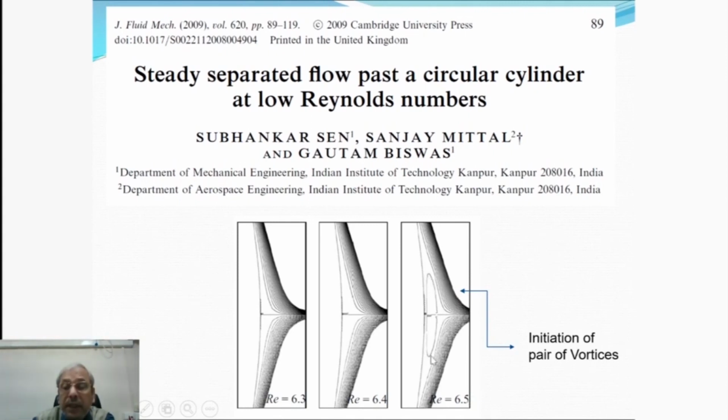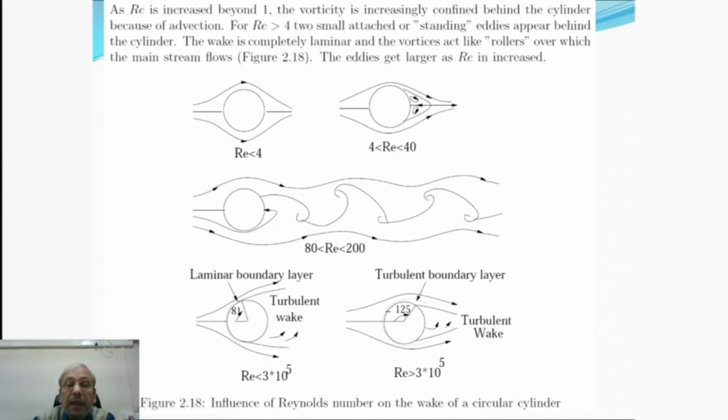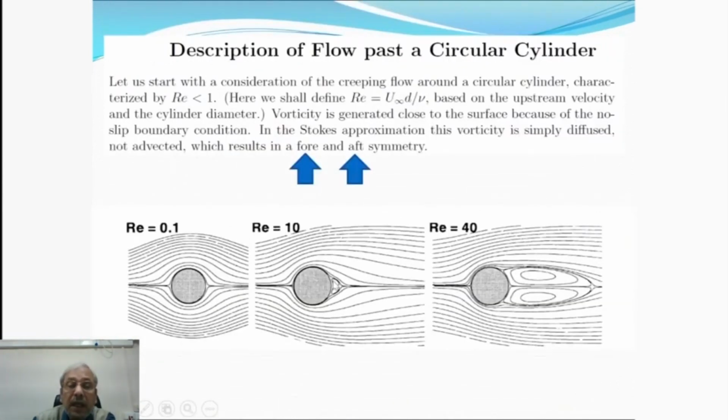We tried to identify that, and our value confirmed the literature value that it is greater than 4, but we found it exactly at 6.5. You can see 6.3, 6.4, 6.5. This is a magnified picture behind a cylinder. If you go back by this scale, it is much smaller than these two vortices.